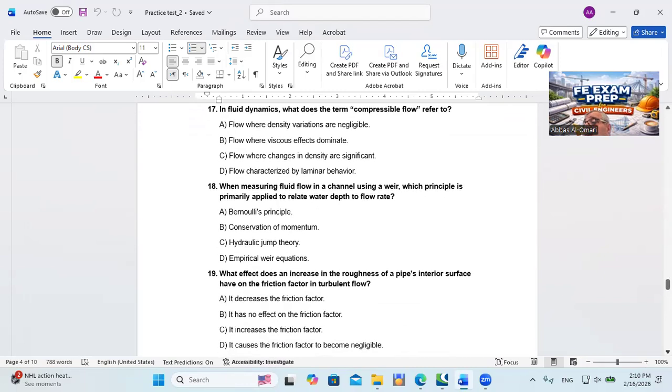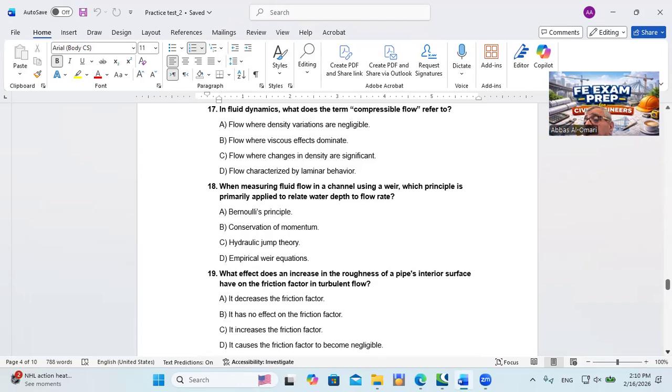Next question: when measuring fluid flow in a channel using a weir, which principle is primarily applied to relate water depth to flow rate? In open channels, we apply the Bernoulli energy equation. So when we use a weir to determine flow in a channel, we apply the Bernoulli equation.